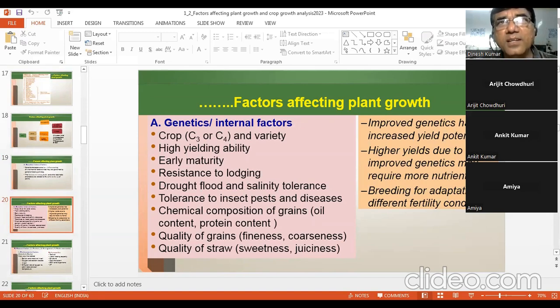Yield potential has increased because of improved genetics, because it helped better growth, more growth of the plants, or the speed of growth was more. High yields due to improved genetics may require more nutrients, but at the same time, it will need more and more inputs also.